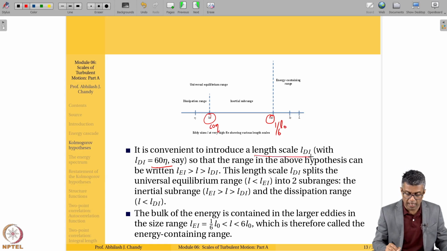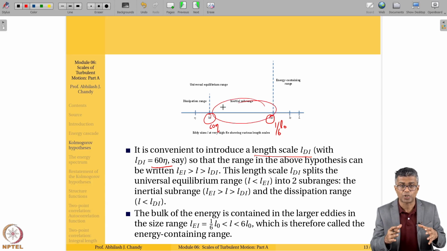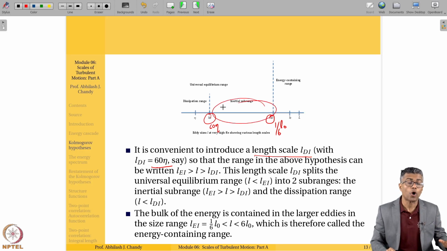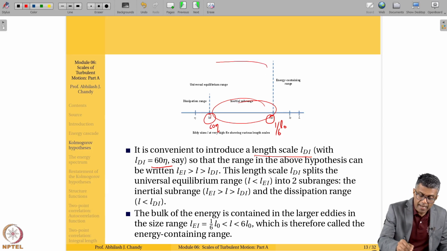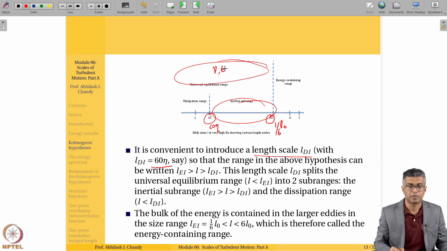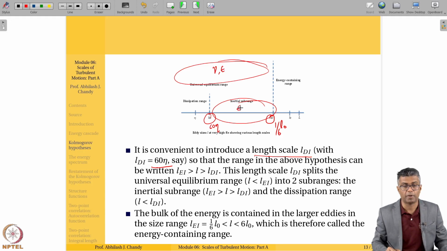Let's introduce the length scale LDI so that the range in the above hypothesis can be written as L greater than LDI and less than LEI. Everything in here is this universal range that is uniquely determined by epsilon and not viscosity. This entire range is determined by nu and epsilon, whereas this range here is only determined by epsilon.